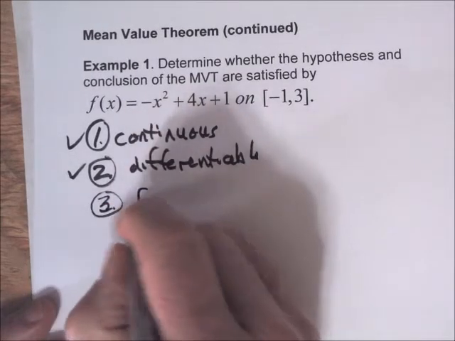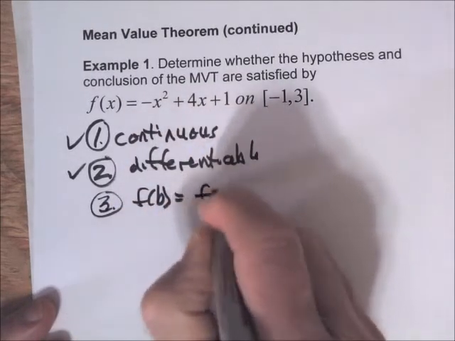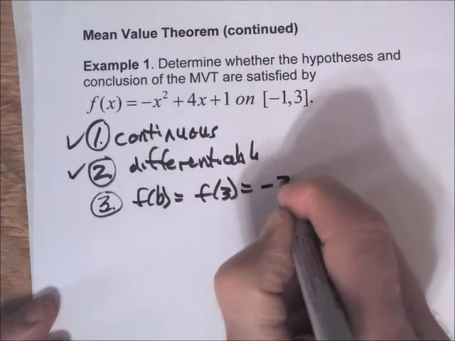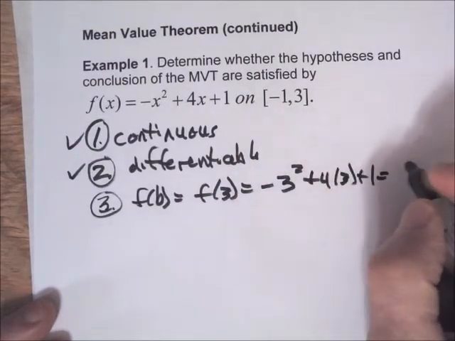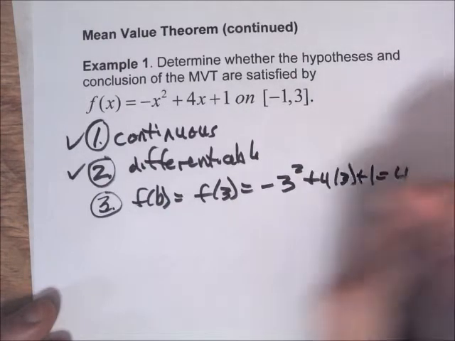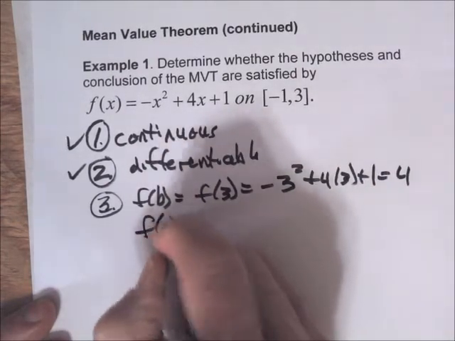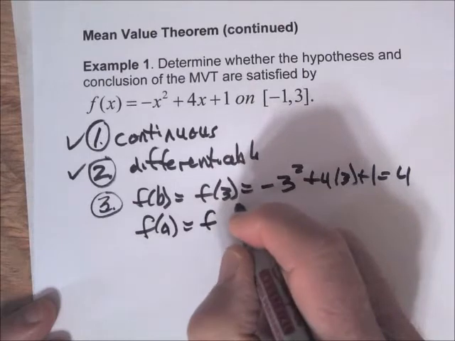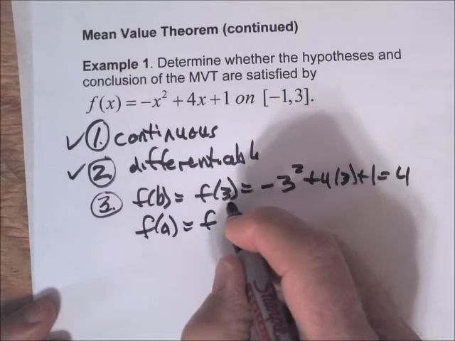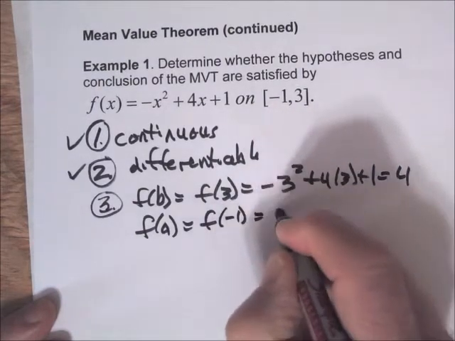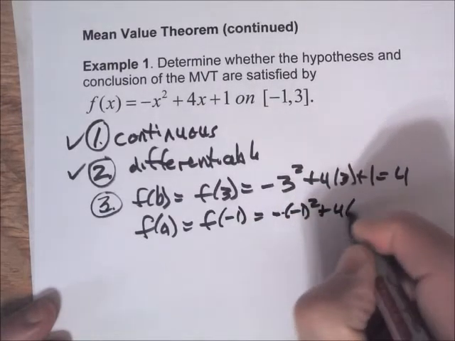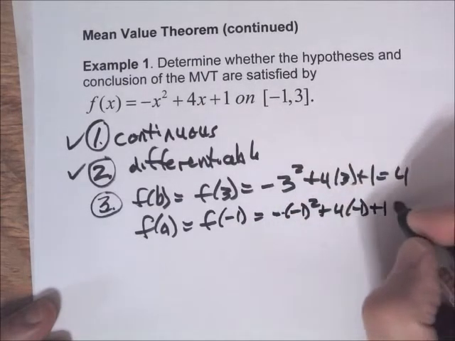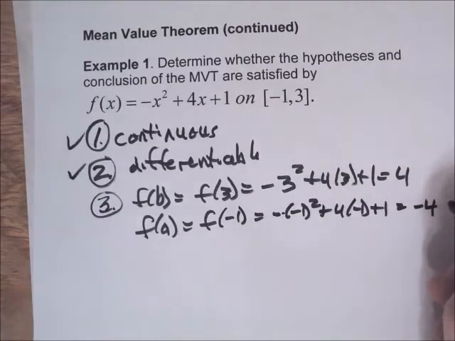Okay, so f of b, f of 3, is minus 3 squared plus 4 times 3 plus 1, which is 4. F of a, f of minus 1, is minus 1 squared plus 4 times minus 1 plus 1. That's negative 4.